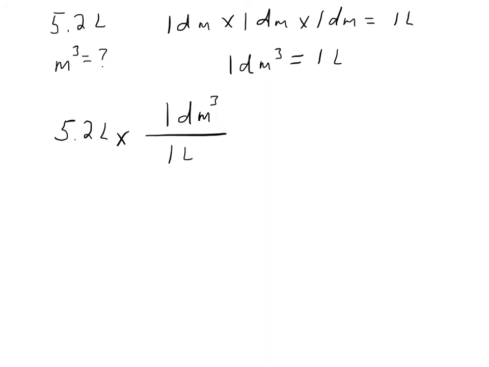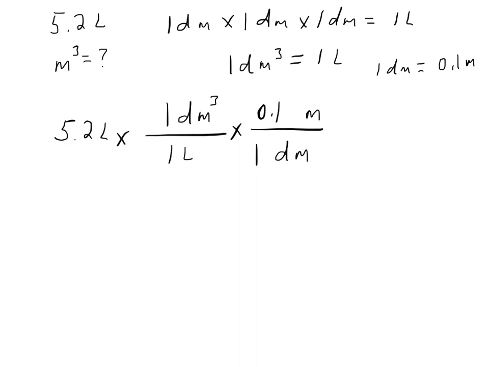To get from the cubic decimeters to cubic meters, I don't have a straight conversion, but what I do know is that 1 decimeter is equal to 0.1 meters, or 1/10 of a meter. Since I know this conversion, I can put decimeters on the bottom, so 1 decimeter is equal to 1/10 of a meter, or 0.1 meters.